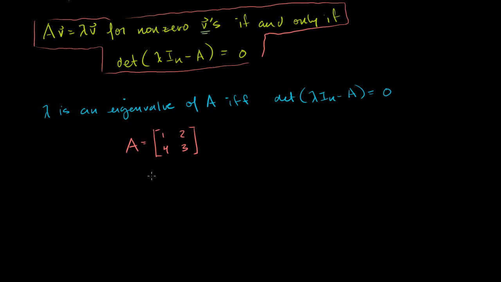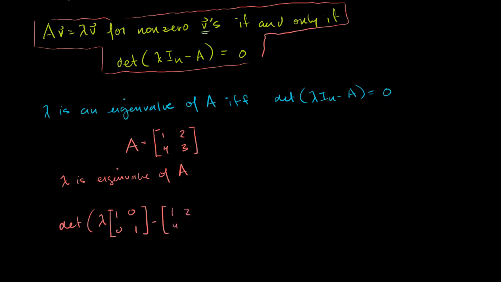And I want to find the eigenvalues of A. So if lambda is an eigenvalue of A, then this tells us that the determinant of lambda times the identity matrix in R2, so lambda times 1, 0, 0, 1, minus A, 1, 2, 4, 3, is going to be equal to 0.